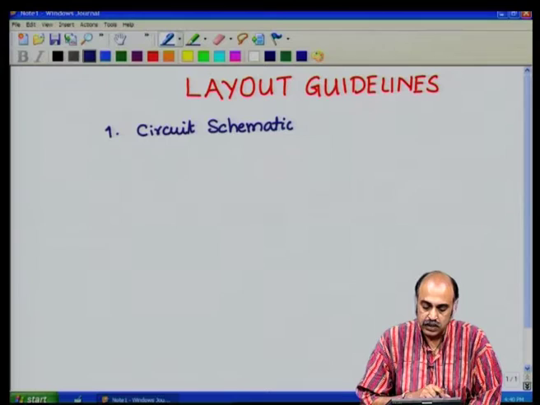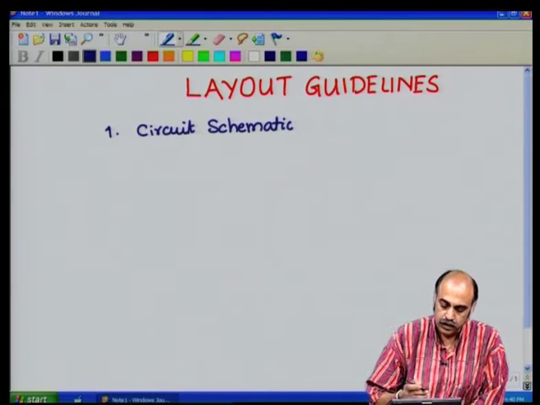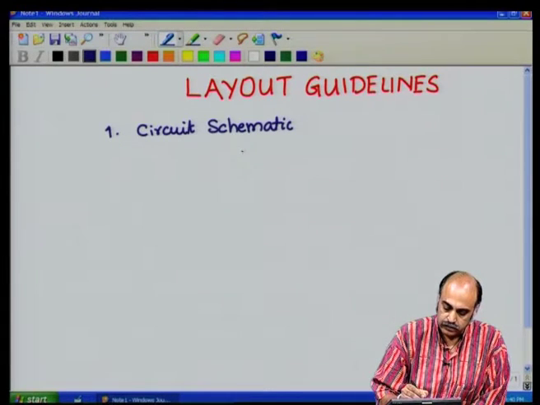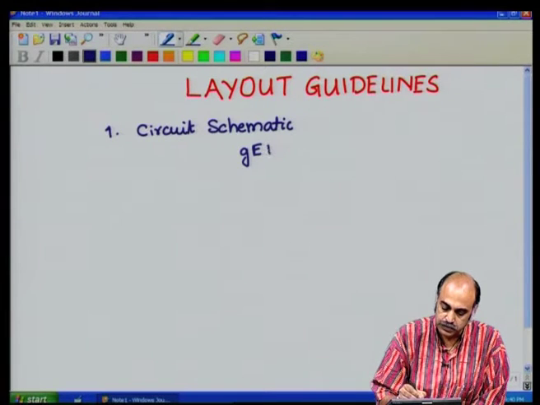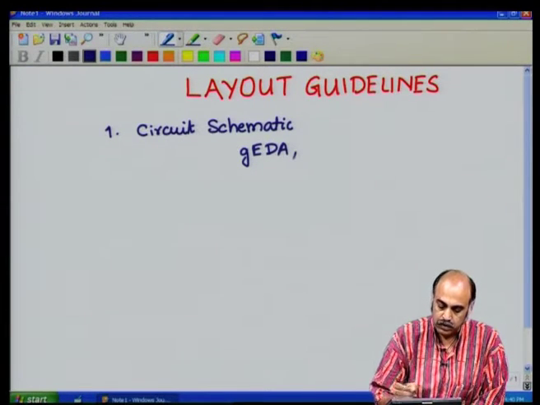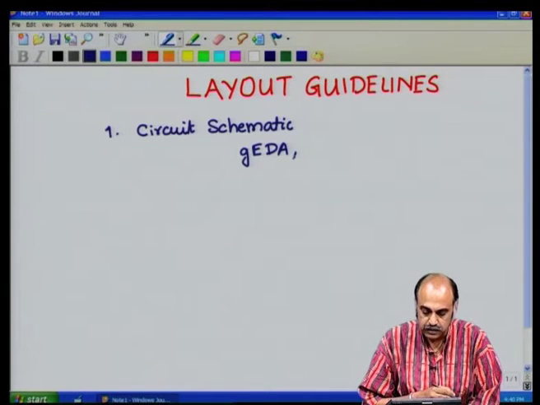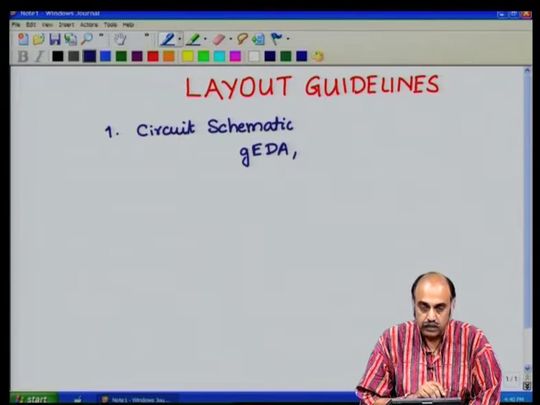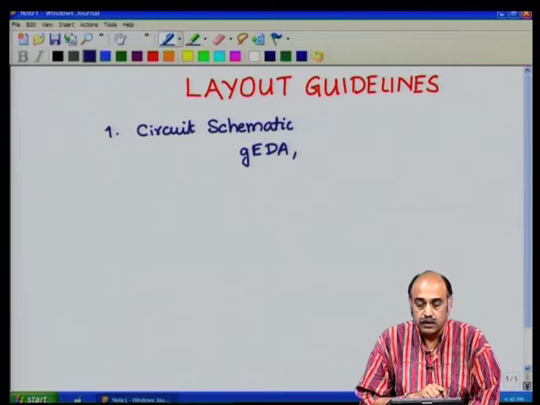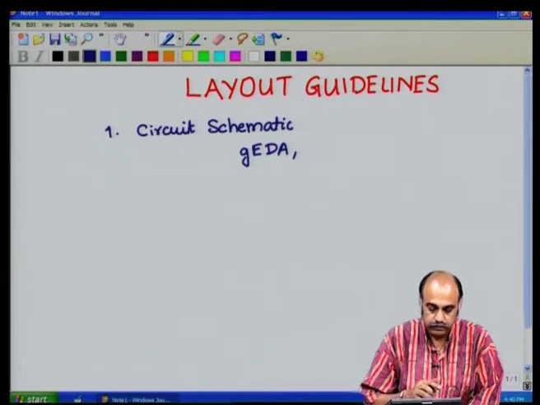Now, the schematic is normally entered through a schematic entry package, like one of them would be gEDA, open source EDA. You have OrCAD, Cadence tools and many other tools which can be used for taking in the schematic.